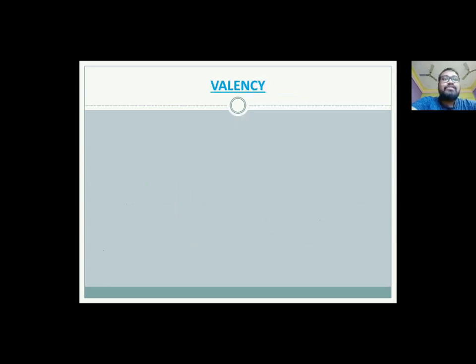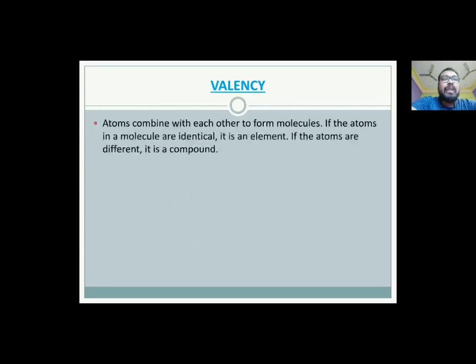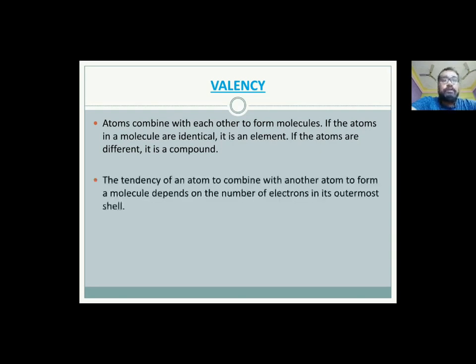Now the next topic is valency. Atoms combine with each other to form molecules. If the atoms in a molecule are identical, it is an element. If the atoms are different, it is a compound. The tendency of an atom to combine with another atom to form a molecule depends on the number of electrons in its outermost shell.